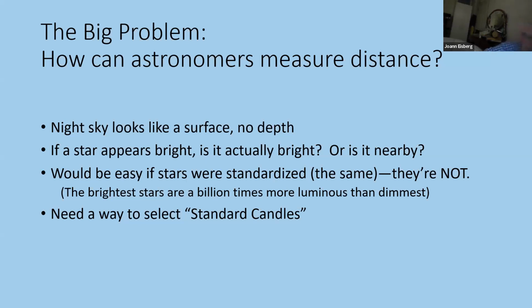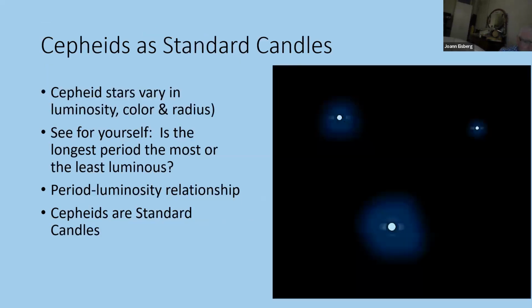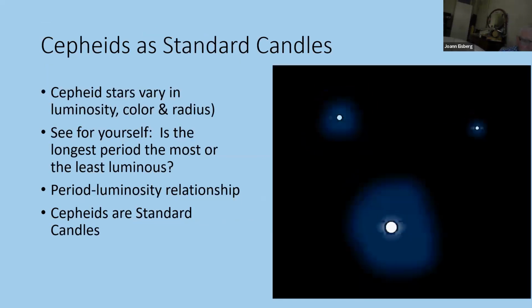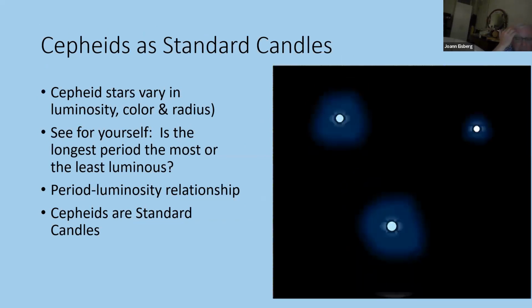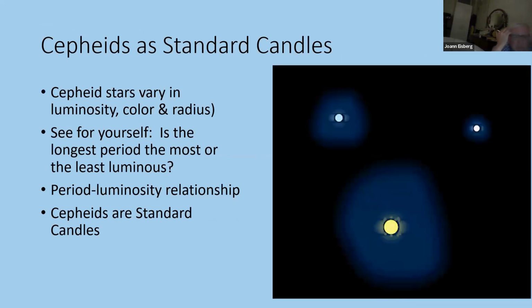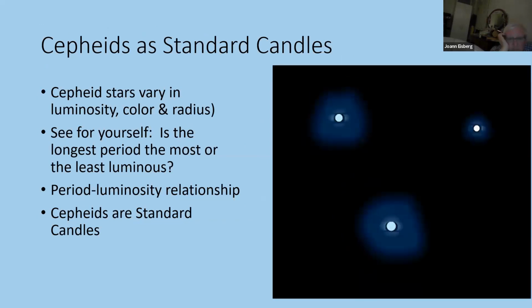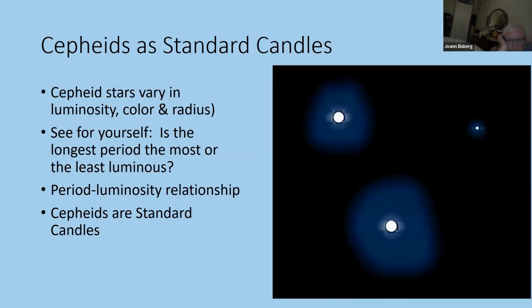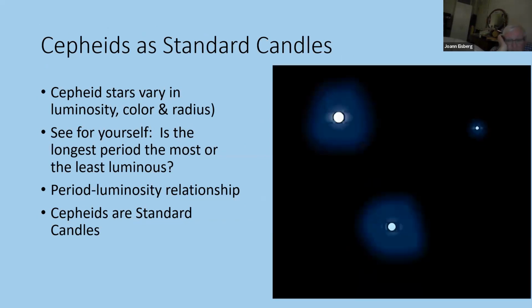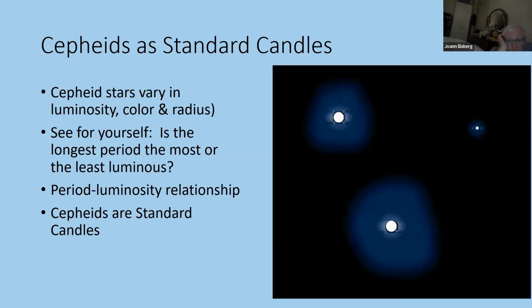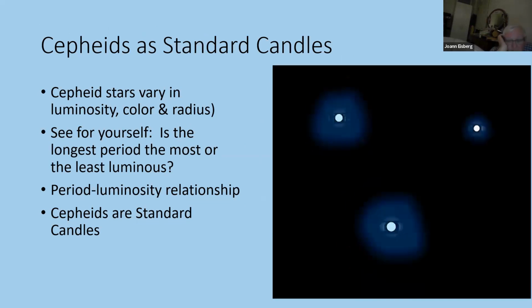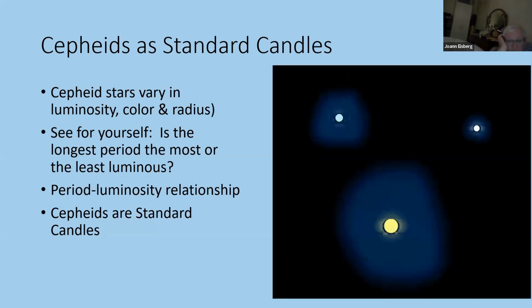And these Cepheids, well, Cepheids are stars that vary in several parameters: luminosity, how bright they are, color, and radius. This is a simulation, but you tell me, is the longest period, the slowest bright and dim cycle, the most luminous or the least luminous?